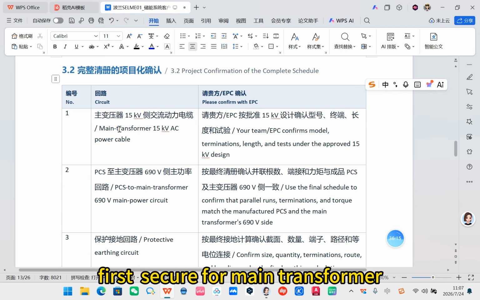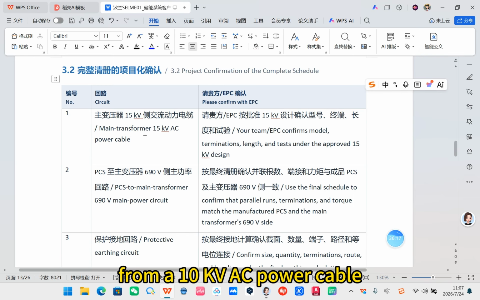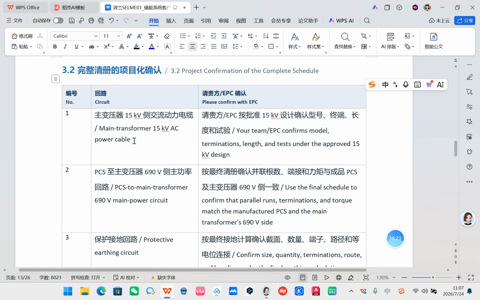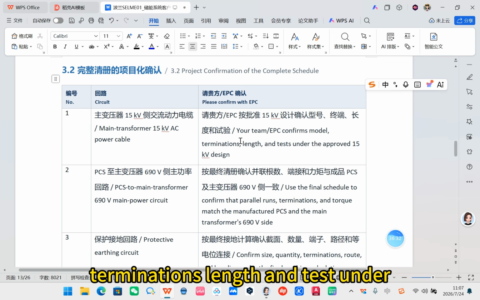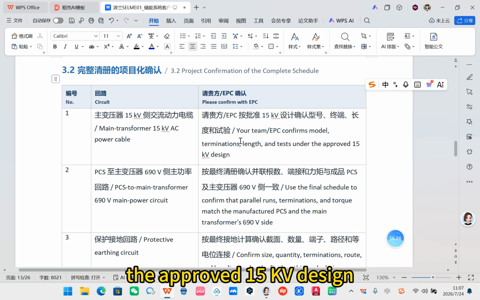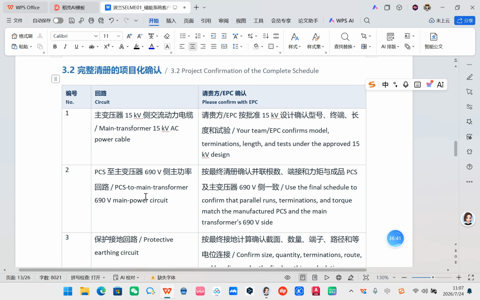First, circuit for main transformer from a 15 kV AC power cable. Please have your team or EPC team confirm the model, terminations, length, and test under the approved 15 kV design. 2. PCS to main transformer 690V main power circuit.